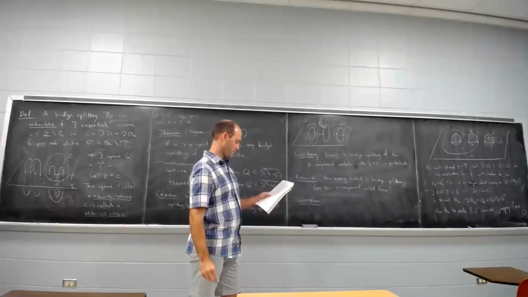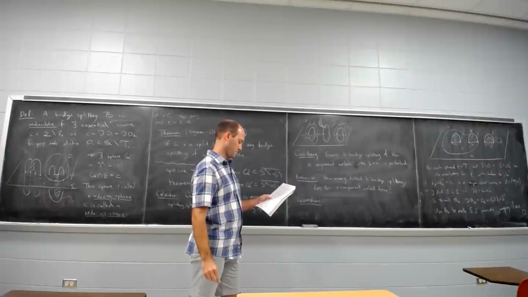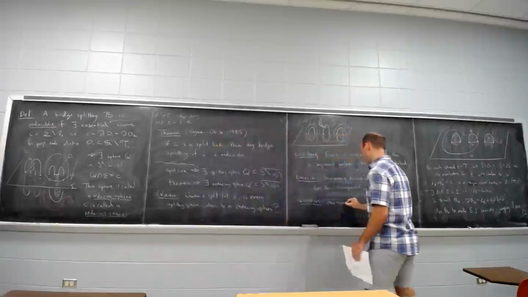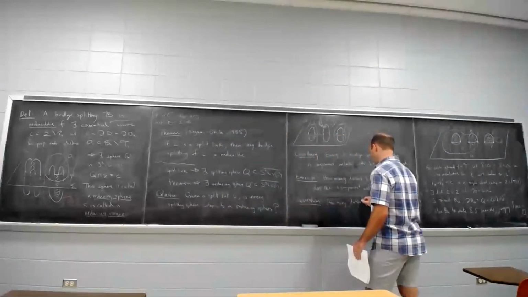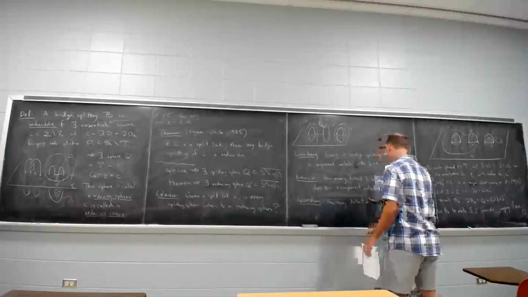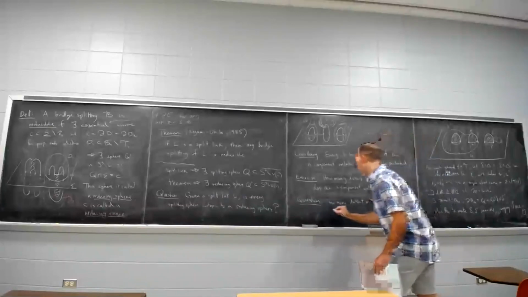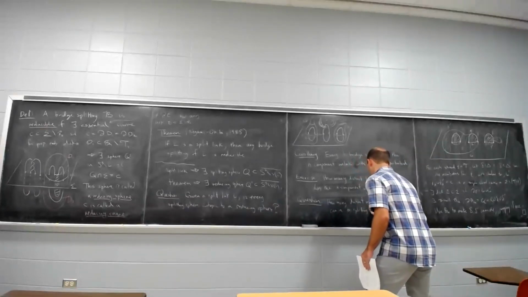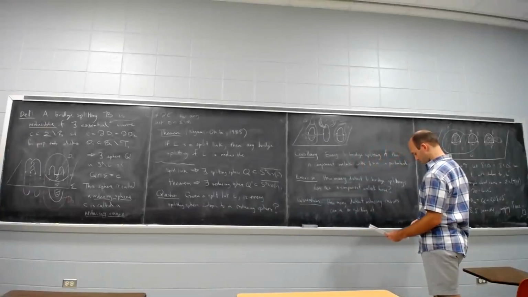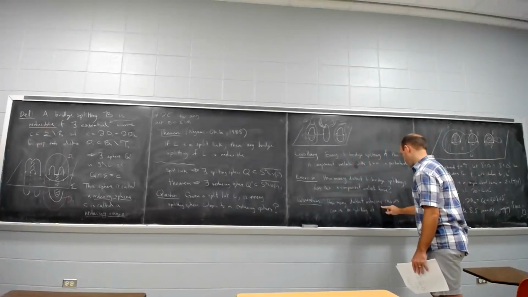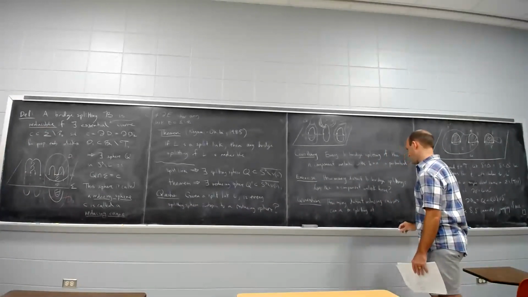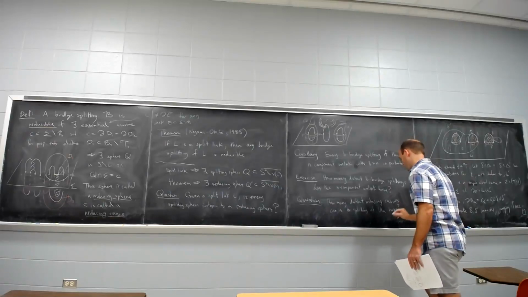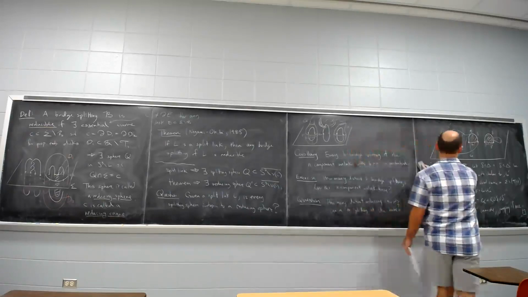How many distinct reducing curves can a bridge splitting of the n-component unlink have? And I'll tell you what I mean.